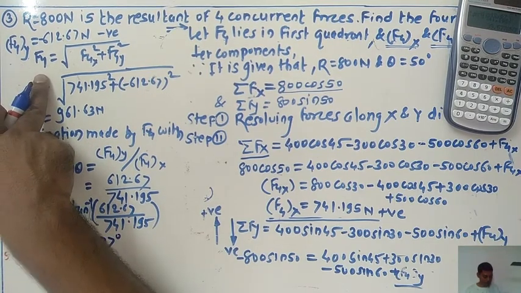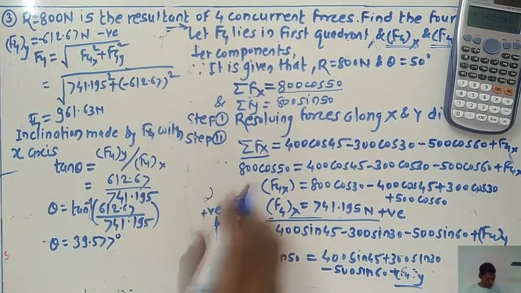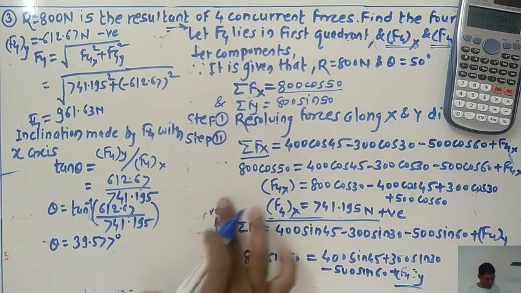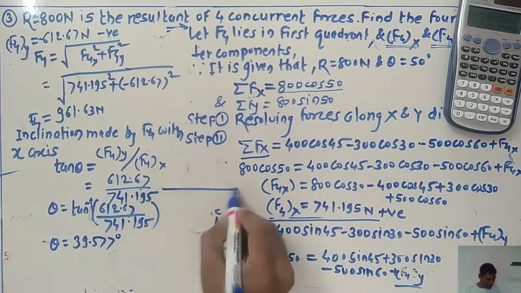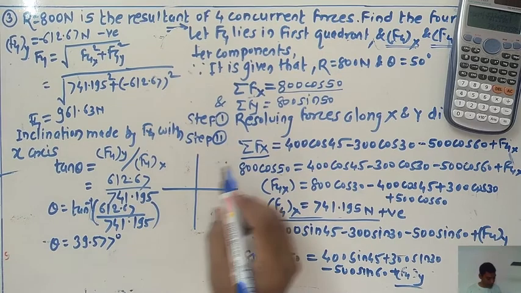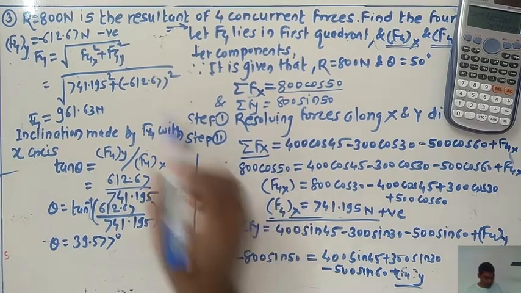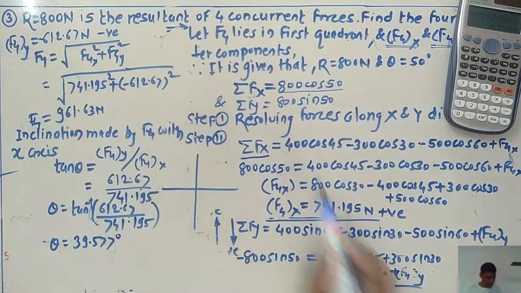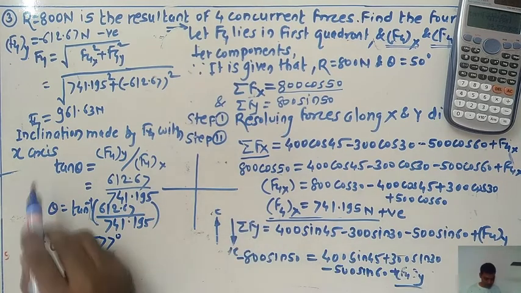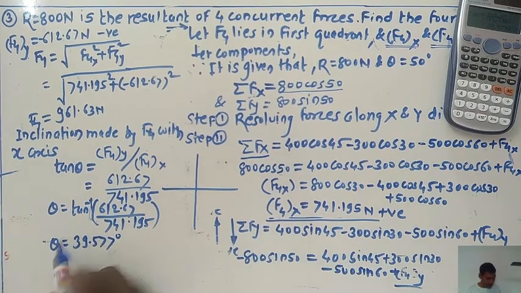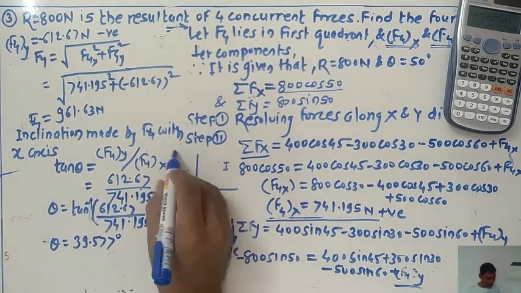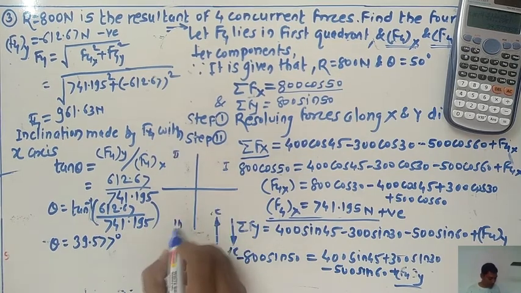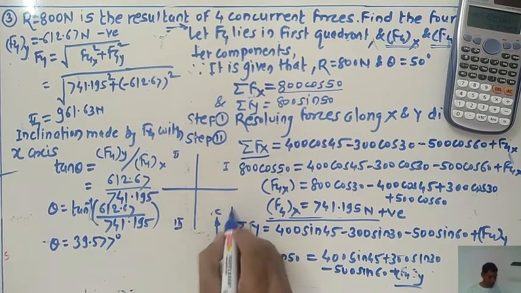It depends upon the signs of F4x and F4y that we decide the quadrant for this F4. So I'll draw a small diagram so that you can get the idea. F4y is negative, F4x is positive, and the angle made is 39 degrees. First quadrant is here, second is here, third is here, and the fourth quadrant is here.